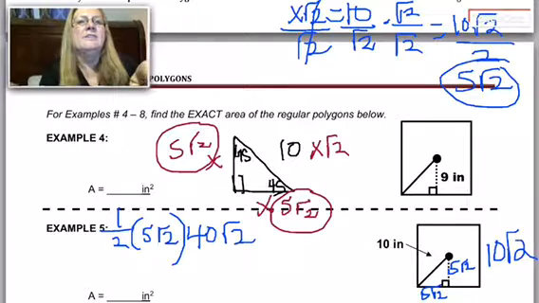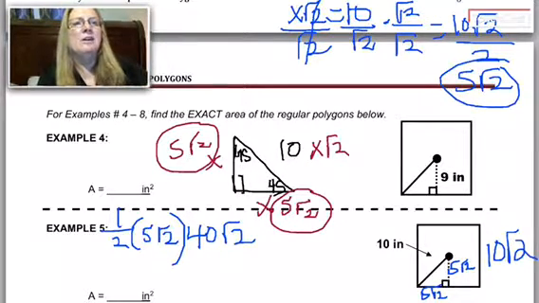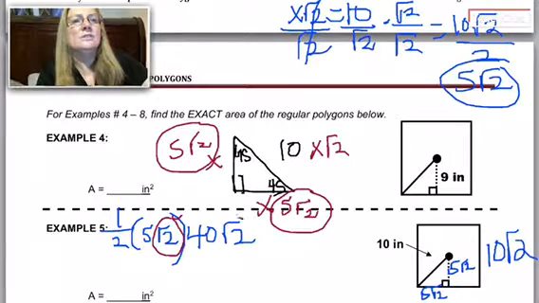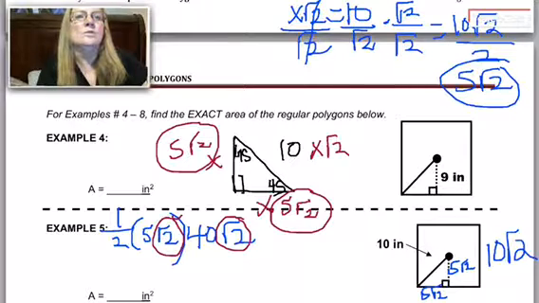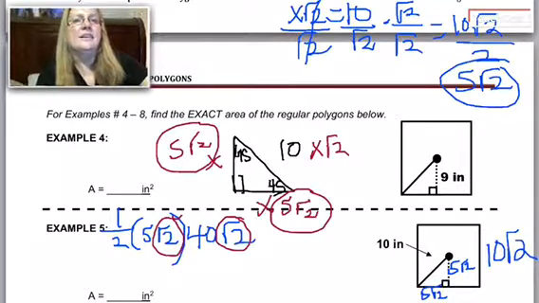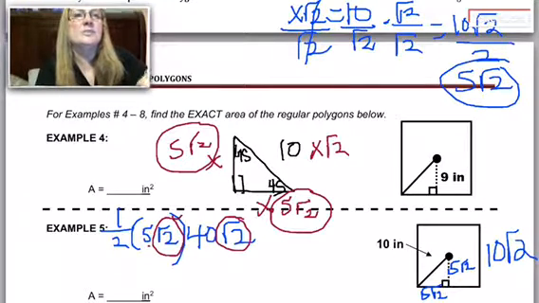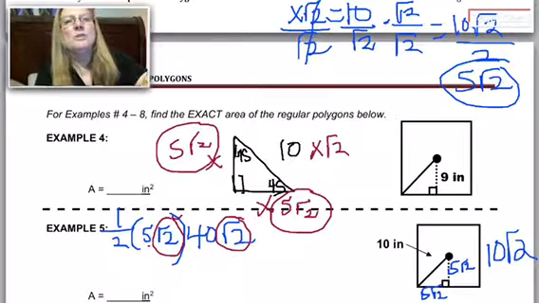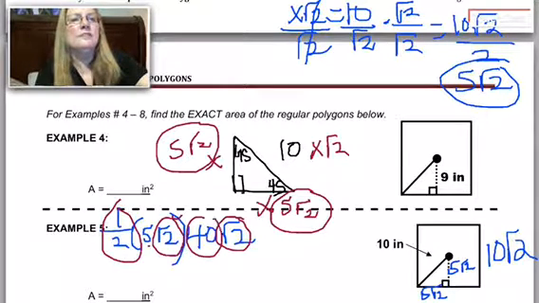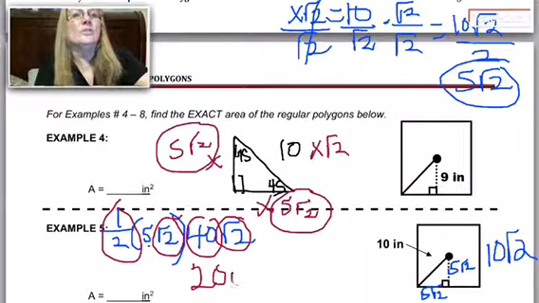You want to multiply 1/2 times 5 times the square root of 2 times 40 times the square root of 2. Let me show you how I see this. I know that the square root of 2 times the square root of 2 is 2. Okay? And then we can multiply 1/2 times 5 times 40 times 2. I'm going to multiply 1/2 times 40, and that's 20, times 2 is 40, times 5 is 200.